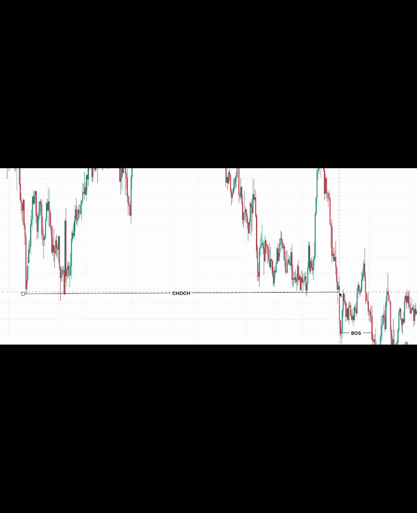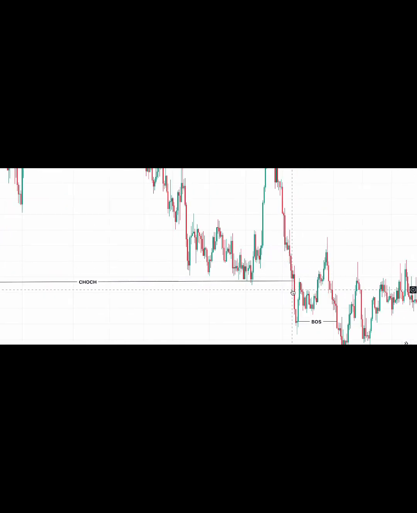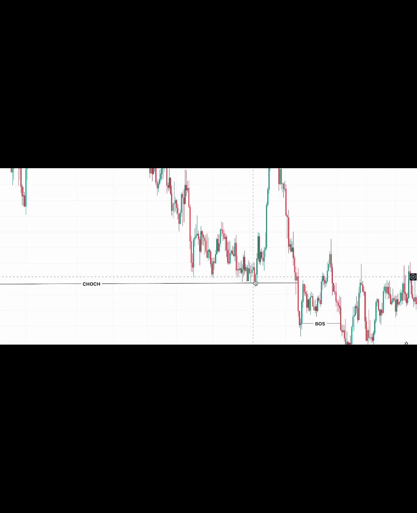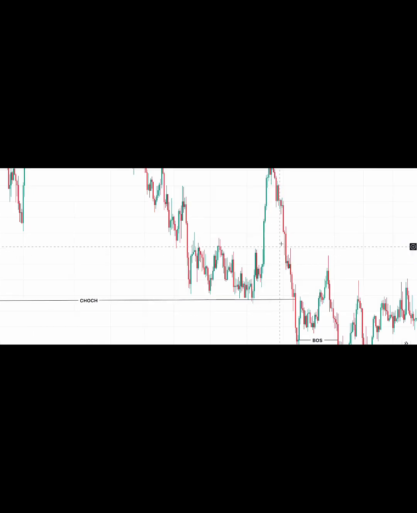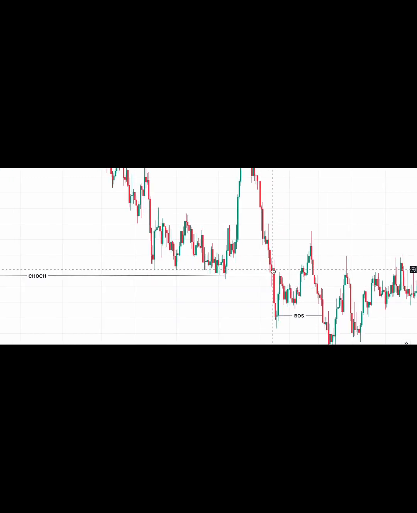So where does the break of structure happen? The break of structure happens by these candles. You see here, candles also unable to break the structure, just leave the shadow behind. And here is where the break of structure happens, when the candle closes below.